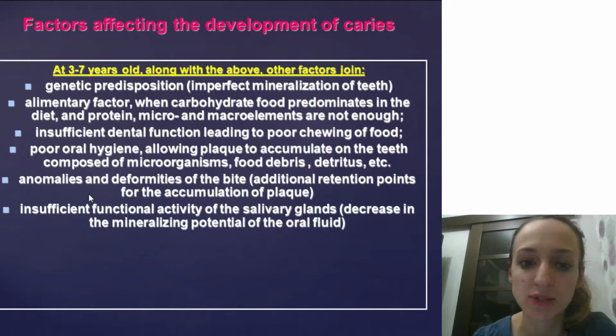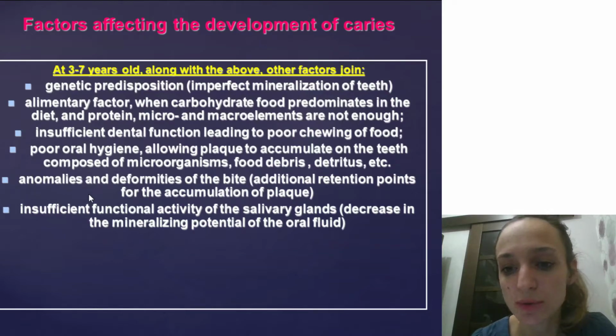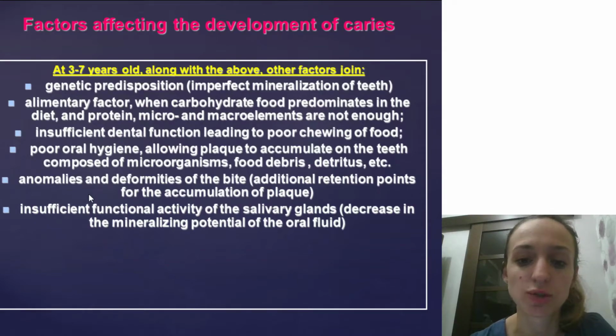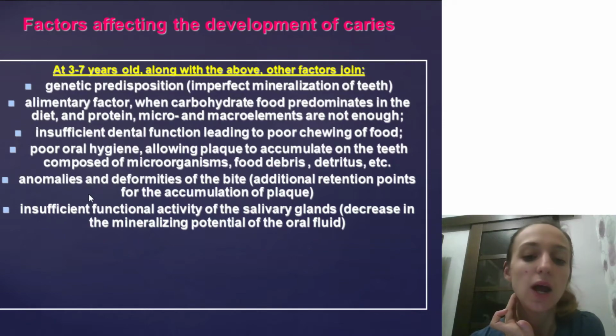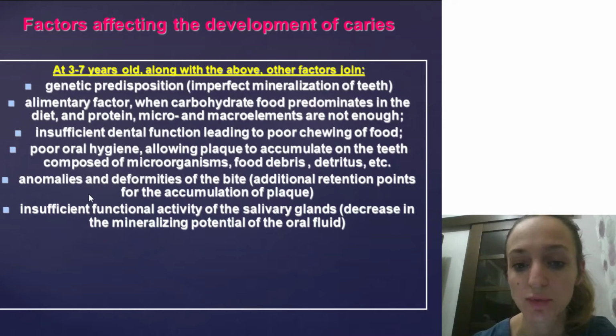So it is genetic predispositions, elementary factors, when carbohydrate food predominates in the diet and protein and micro elements are not enough, insufficient dental function leading to poor chewing of food, and of course poor oral hygiene, allowing plaque composed of microorganisms to accumulate on the teeth, anomalies and deformation of the bite, and insufficient functional activity of the salivary glands.